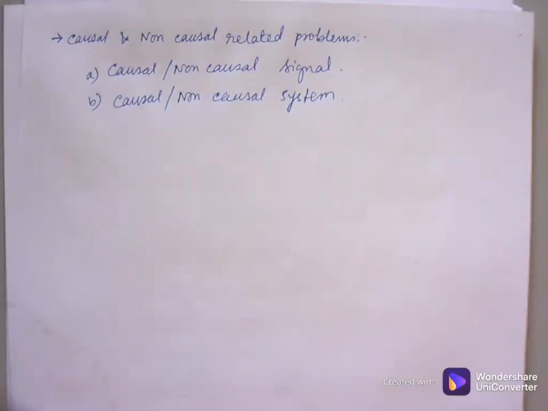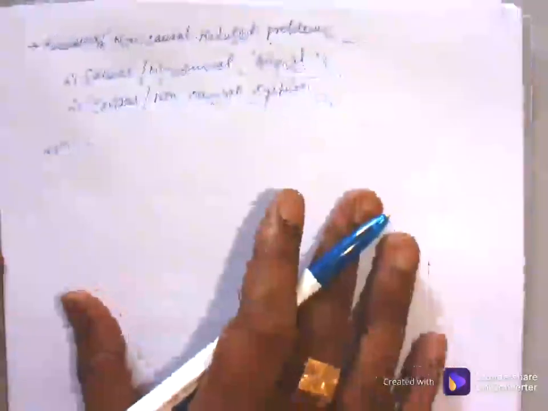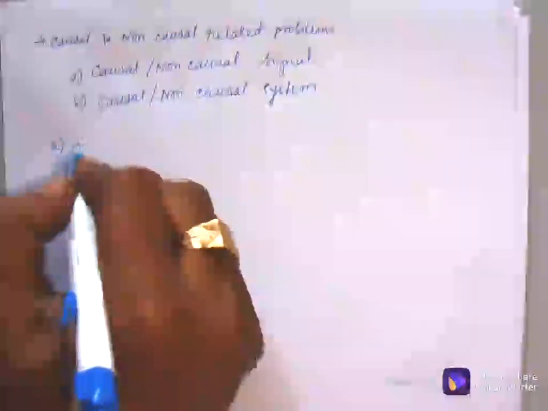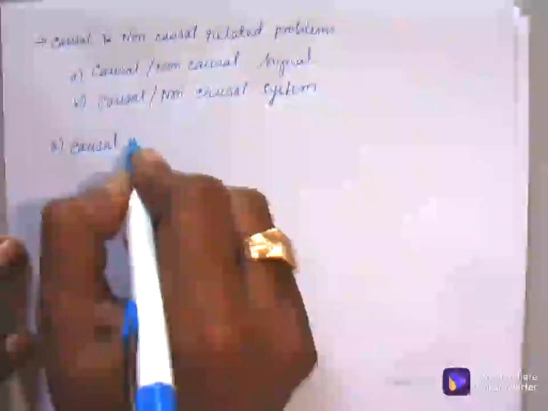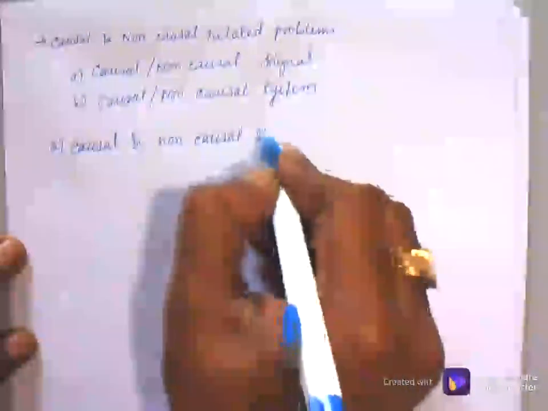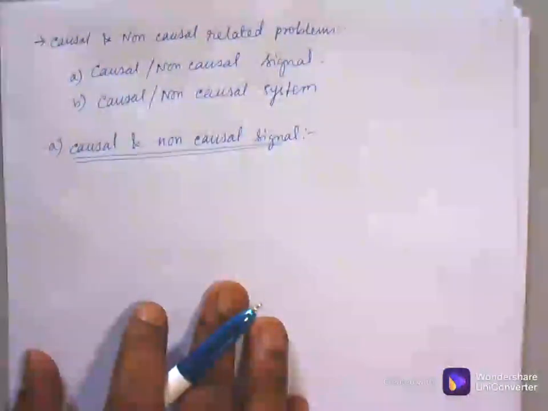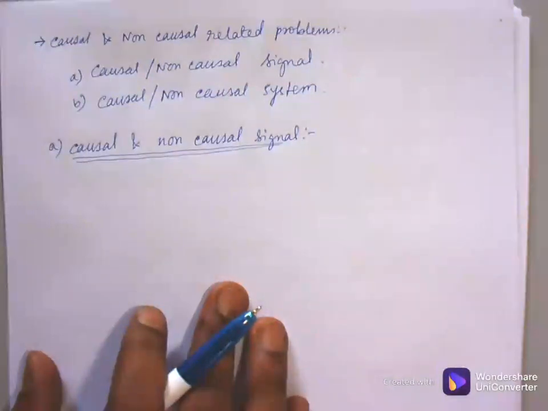So first of all we are moving to causal and non-causal signal. Very carefully see this. A signal is said to be causal if its value is 0 for n less than 0.